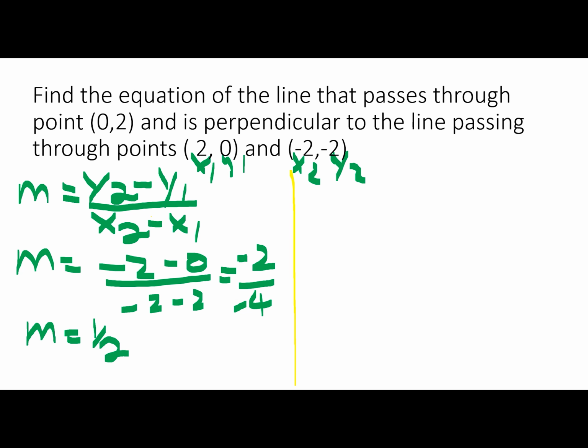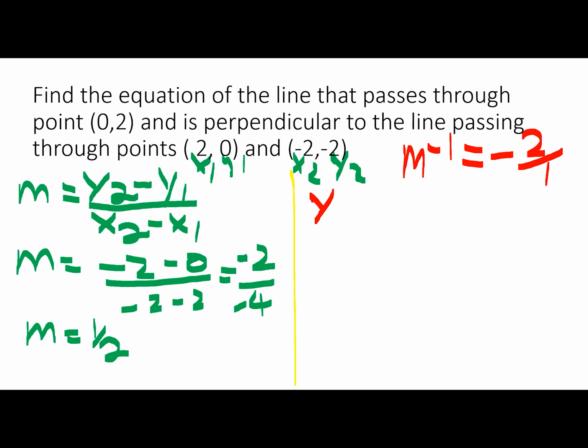Now, the slope for the perpendicular line will be taking the negative reciprocal of the slope. It's positive now, so we will make it negative. It's 1/2, we'll say 2 over 1. So the slope is negative 2.